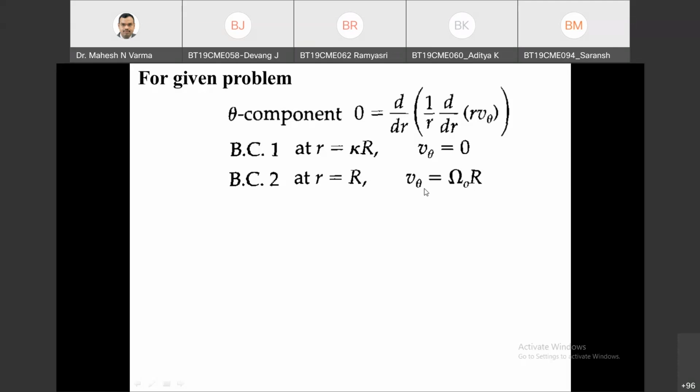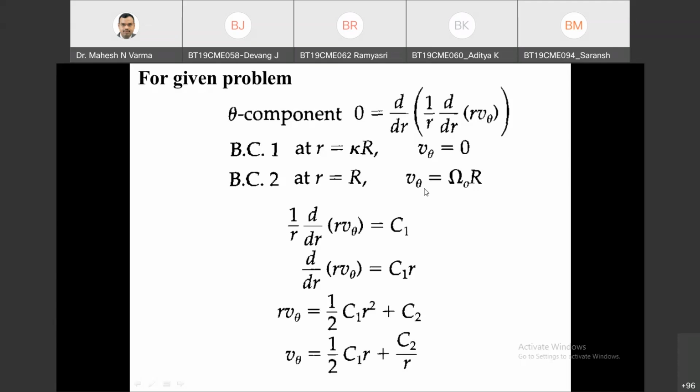Yes, sir. Substitute this. So everybody is getting this equation, v theta equals half C1 r plus C2 divided by r. Anybody not getting this equation?